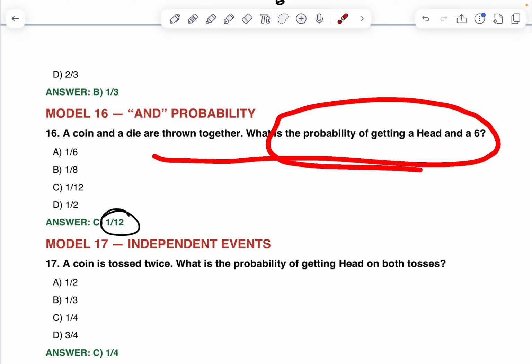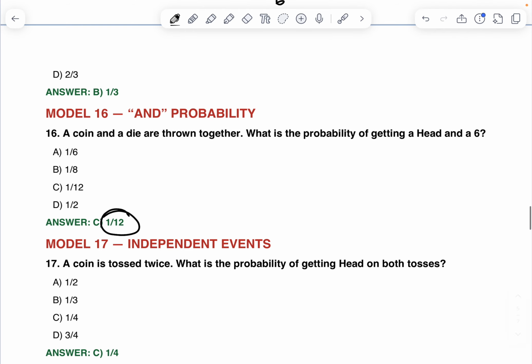What is the probability of getting a head? A coin is tossed. How many faces? Two faces. Here they are asking head. Therefore 1 by 2. And in a die they are asking 6. How many sixes are there? Only one 6 and total outcome 6. Therefore 1 by 12 is the answer.